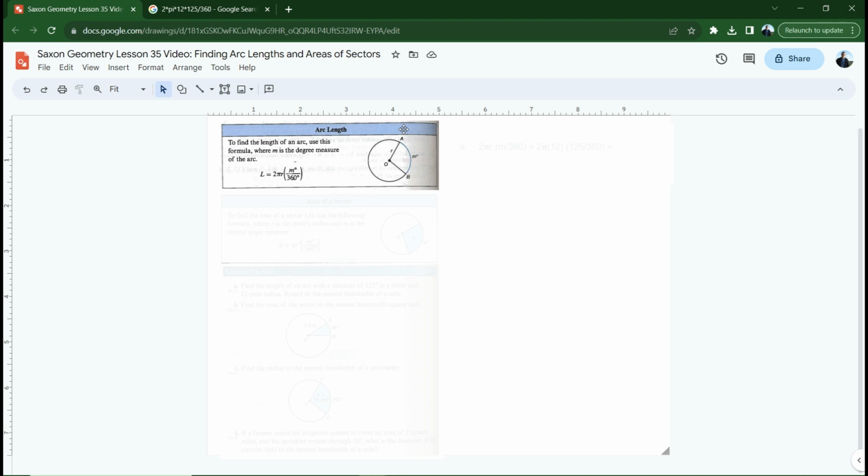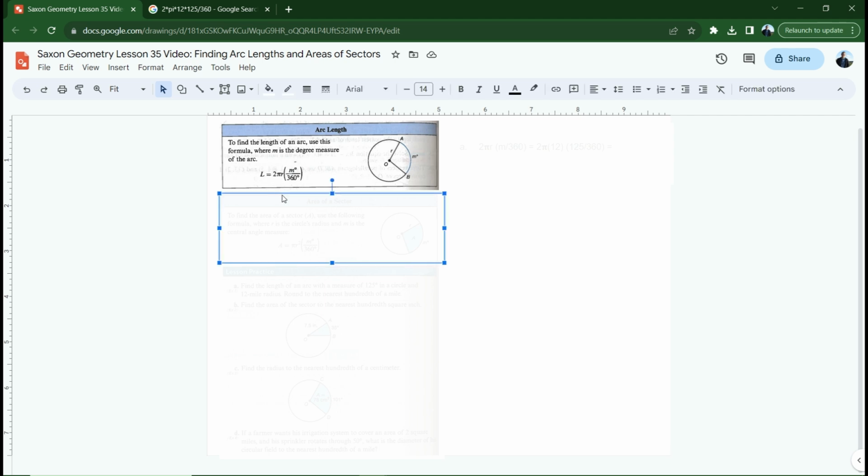This is only going to be a fraction of the circumference. What fraction? Well, does it make sense that the fraction is the degree measure m divided by the total degree measure 360? So all I'm going to do is take my circumference, 2 pi r, times the fraction of the circle I'm looking at, m over 360, and that will give me the length of an arc.